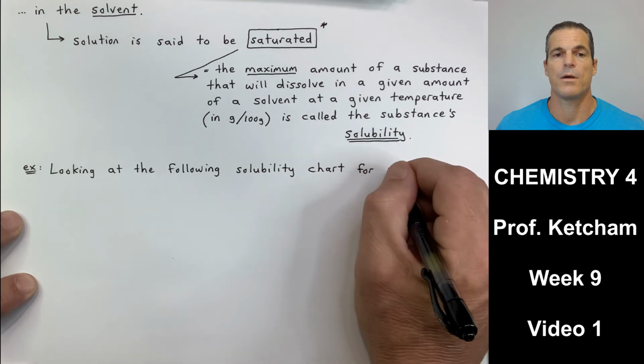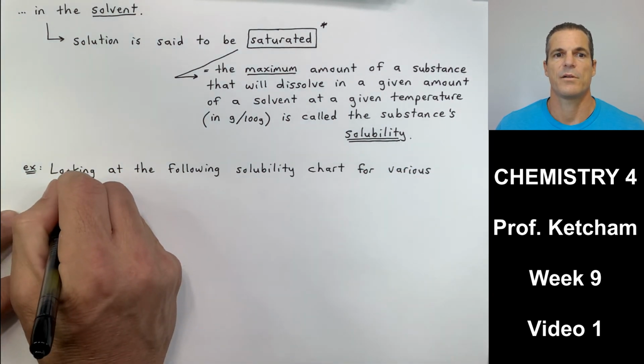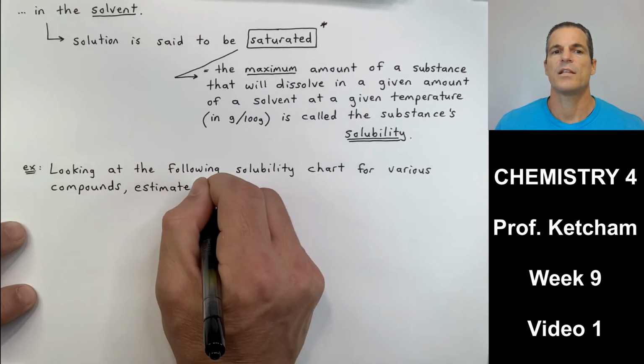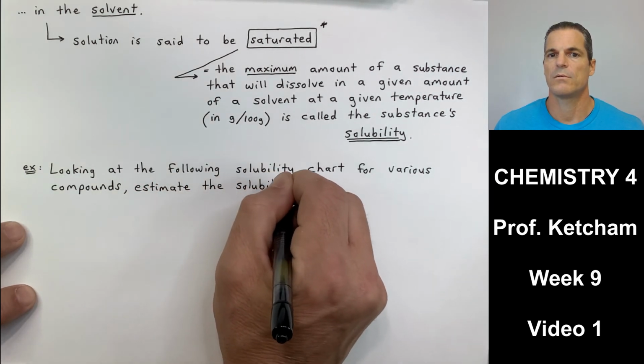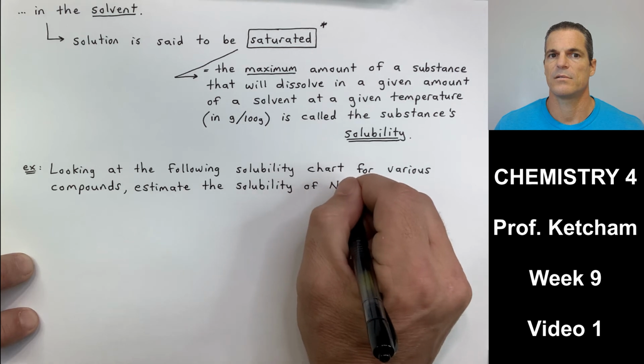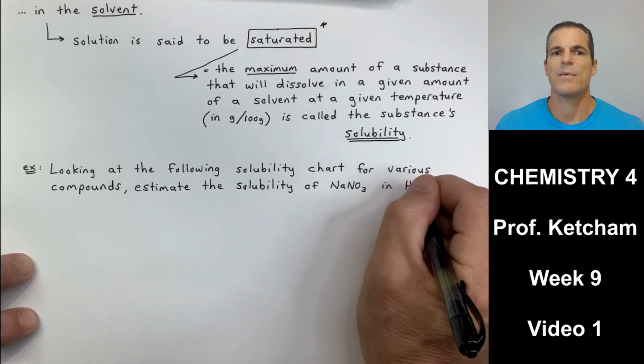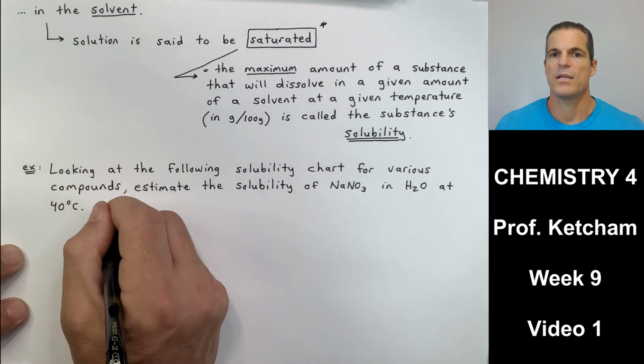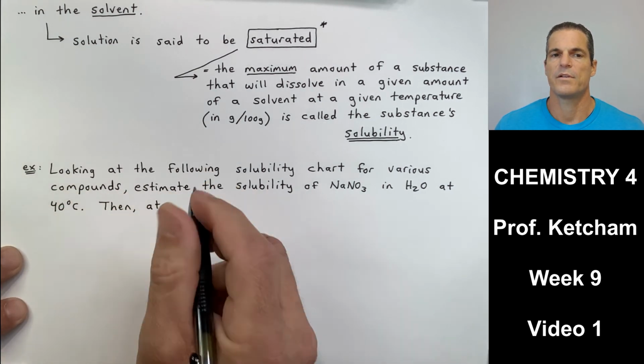I've grabbed this from your textbook, and I'm going to put a print of it down here on the bottom right. Looking at the following solubility chart for various compounds, various salts, estimate the solubility of NaNO3 in water at 40 degrees Celsius.